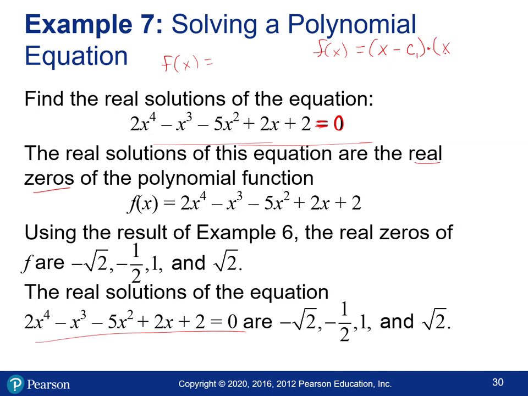So we can find all the real zeros, and then we can write out our function in factored form, and so on. And the numbers that we found, those are called the real zeros of our function, and that's because when we plug them in, you get 0 out of your function. Okay, so that's what we've been working on.